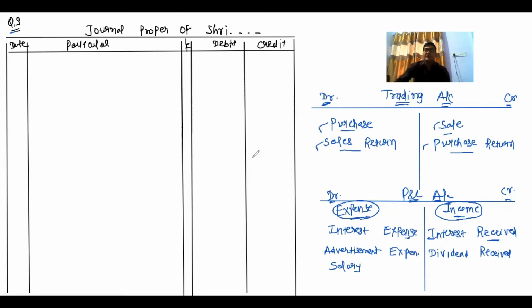First of all, interest expense account is given. Here you can see on the screen that interest expense is on the debit side of P&L account. So now we have to write entry number 1: P&L account debit to interest expense account.